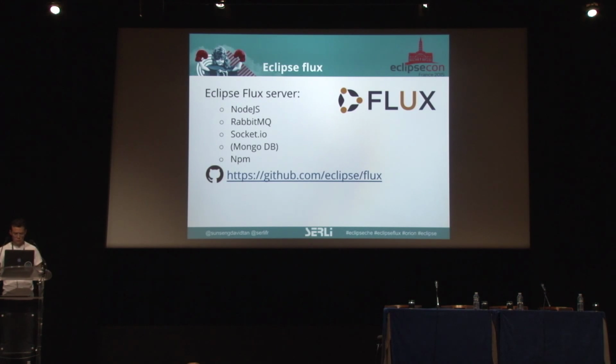If you go to the Eclipse Flux GitHub pages, you will see that there are a lot of things to install to get Eclipse Flux running. You need to install Node.js with NPM, and RabbitMQ. Socket.io is installed with NPM, but still.